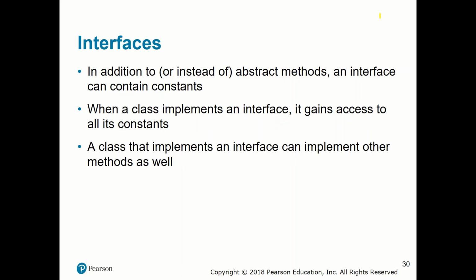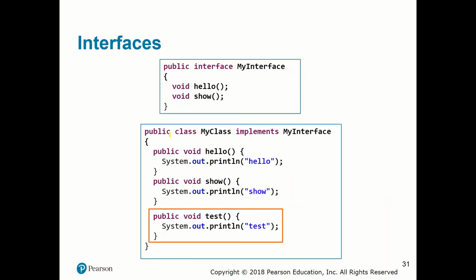In addition to abstract methods, an interface can contain constants. I told you an interface can have public static final values. That is a constant. When a class implements an interface, it gains access to all its constants. A class that implements an interface can implement other methods as well. Let's see this example.